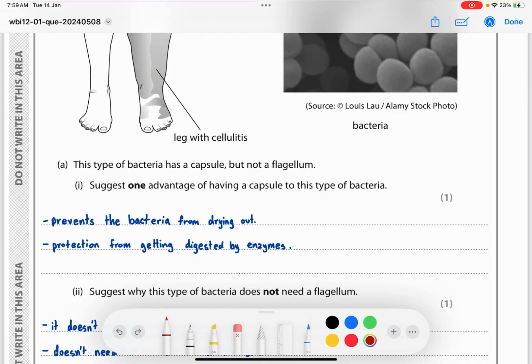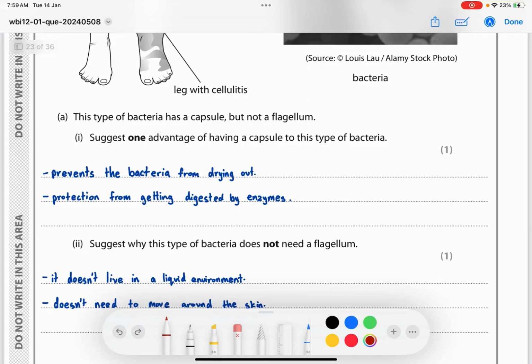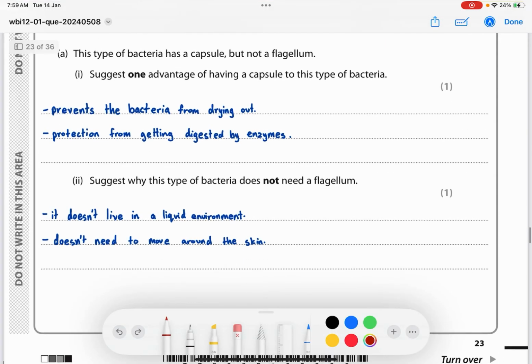It basically acts like a shield of armor, therefore protecting it from getting digested by enzymes, or preventing it from being detected by the immune system, preventing the bacteria from drying out or dying out. So yeah, these are the advantages of a capsule.